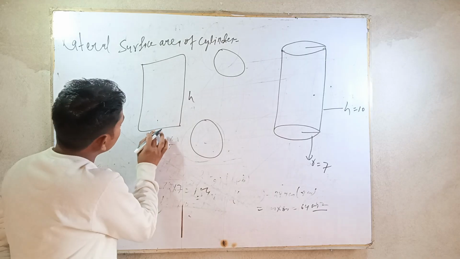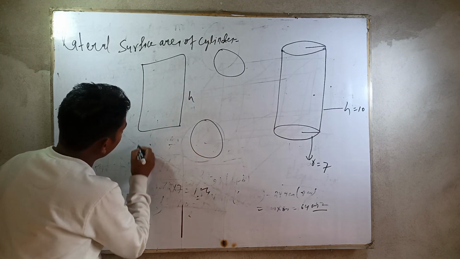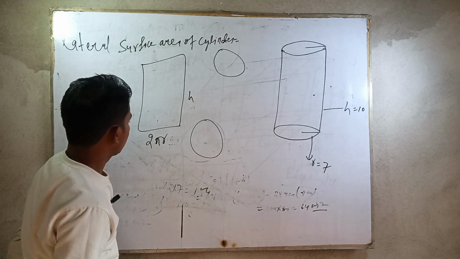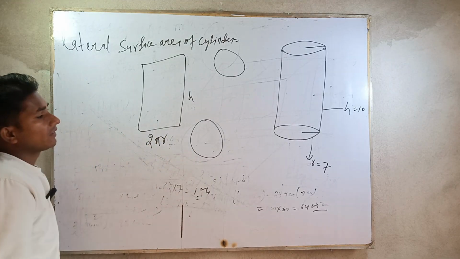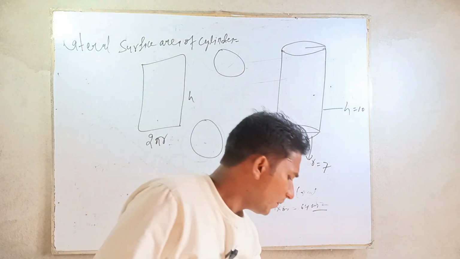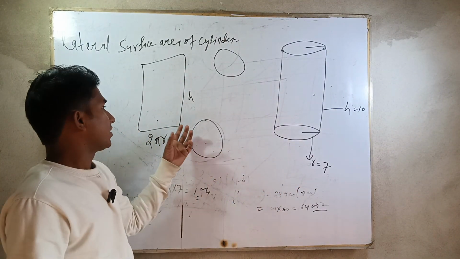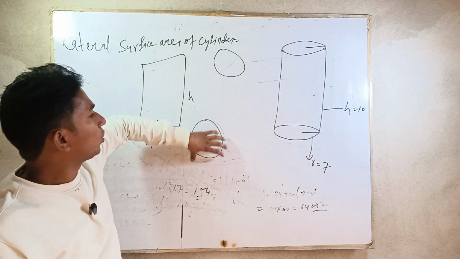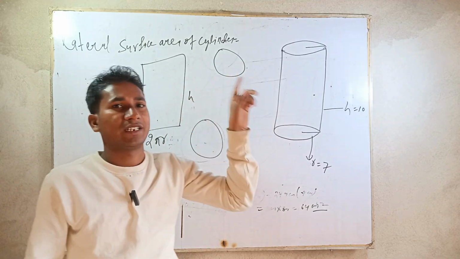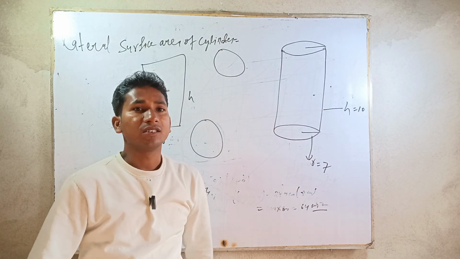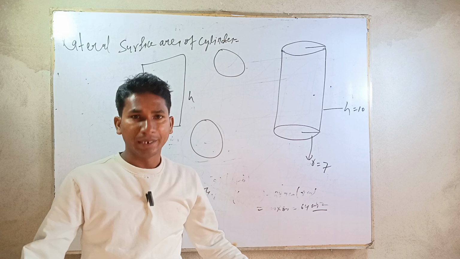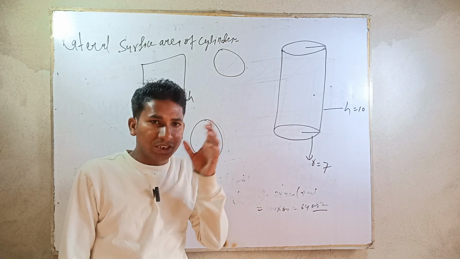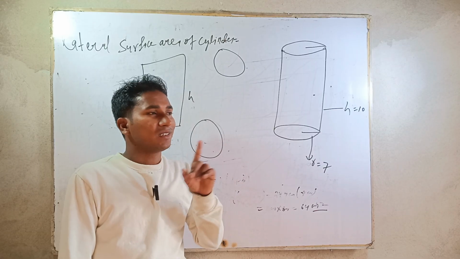The length is in the form of the circumference. Circumference is 2 pi r, the circumference of the circle. Lateral surface area means I do not include both circles, only the outer side. If you have seen a pillar in your building or in a temple, it has a round shape, that is a cylinder.